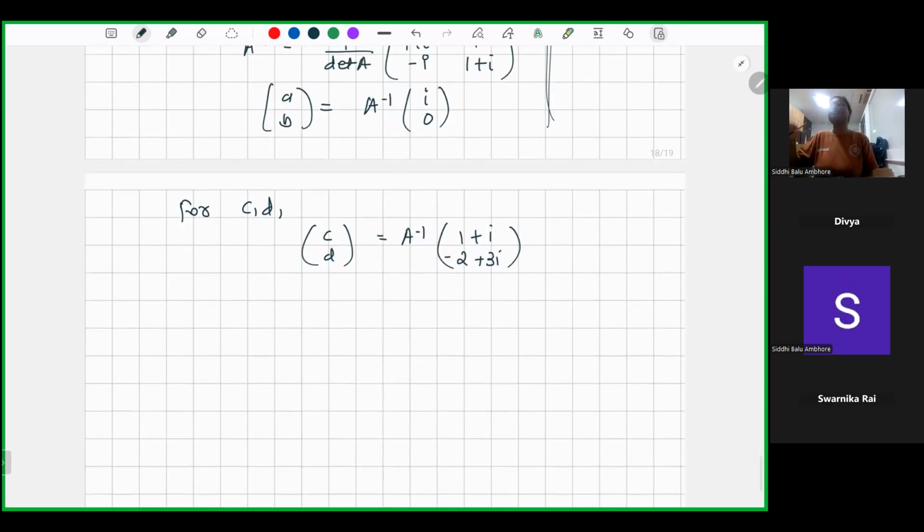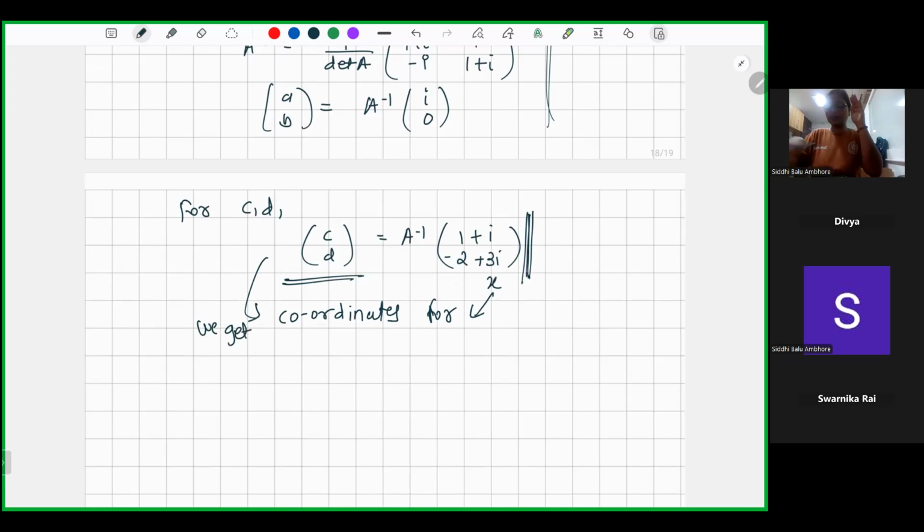Whenever we have a system of equations with a given basis, try to find the inverse of the corresponding matrix. Whenever we want to find such expressions, just multiply that A inverse to whatever element we have here, and that will give you the coordinates, the C and D coordinates for X. Is that okay?